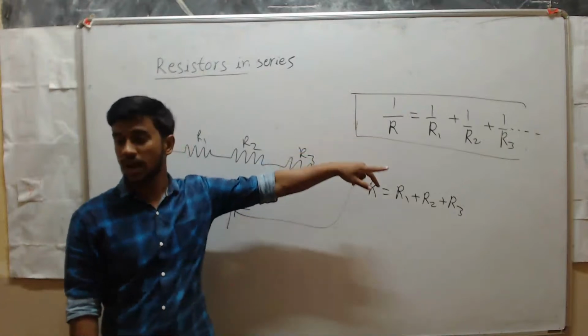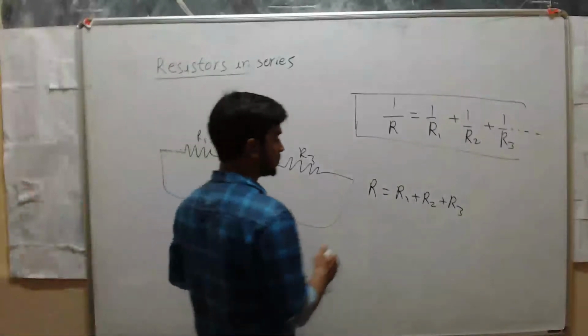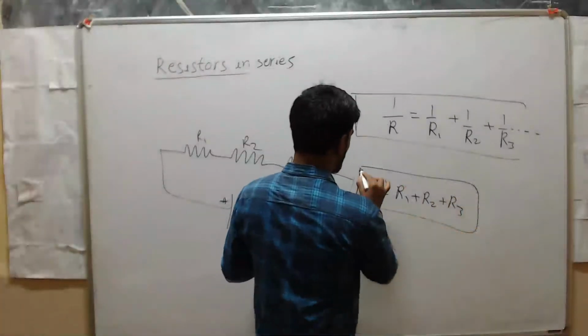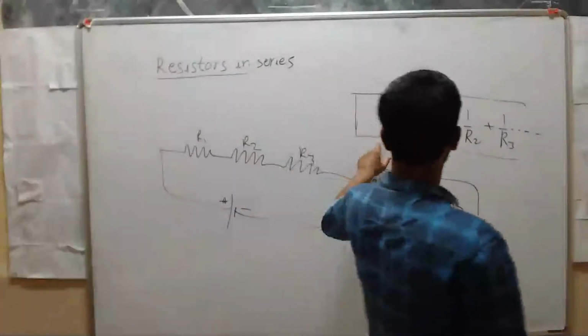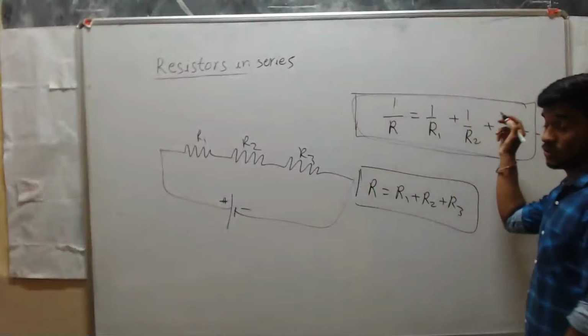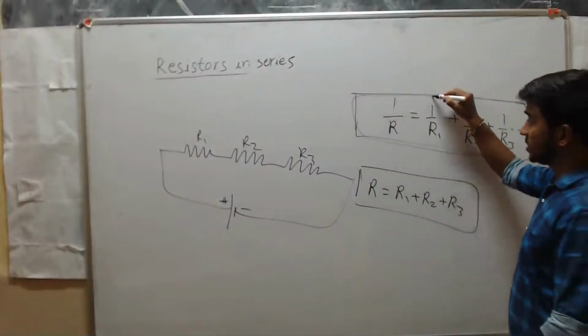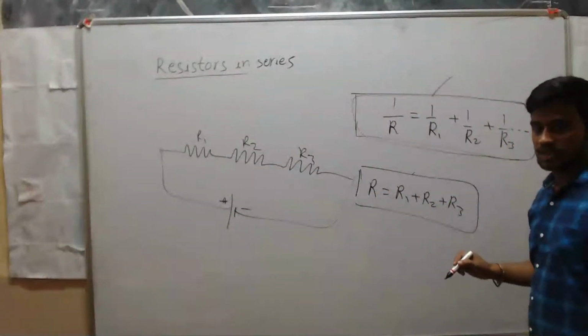So that is parallel and this is series. When the resistors are in series, we use this formula to calculate total resistance. Just observe here: we use this formula when the resistors are in parallel, and we use this formula when the resistors are in series.